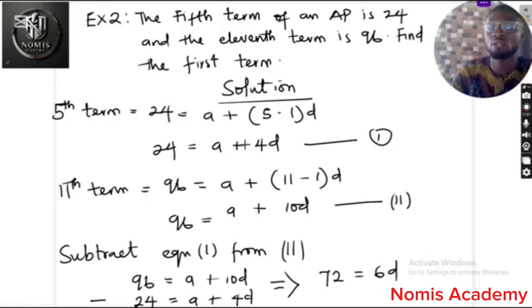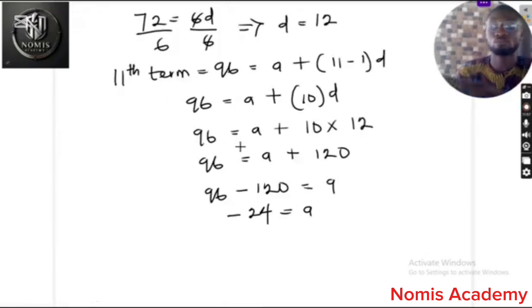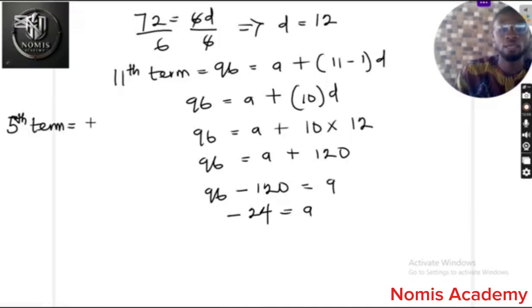So supposing I pick the fifth term, which I know to be a plus 4d, right? So it's already 24. So we are saying 24 is equal to a plus 4d, and I already have the common difference to be 12.